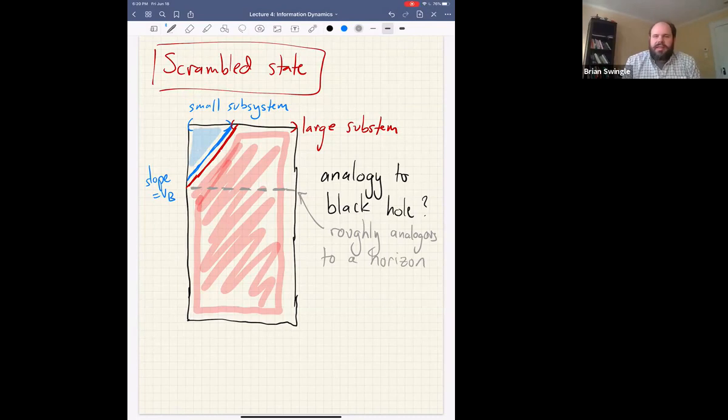In the following sense, in AdS/CFT, if you form a black hole from collapse, but you look at the entropy of small subsystems at late time, those entropies are computed from HRT surfaces that remain outside the horizon. And they probe the exterior geometry only. In fact, they're just the equilibrium RT surface at late time. So in this analogy, if these minimal lines don't penetrate past a certain point in the network, we could call that roughly like a horizon.